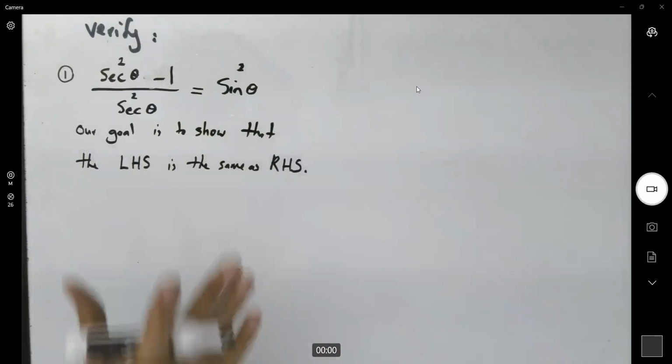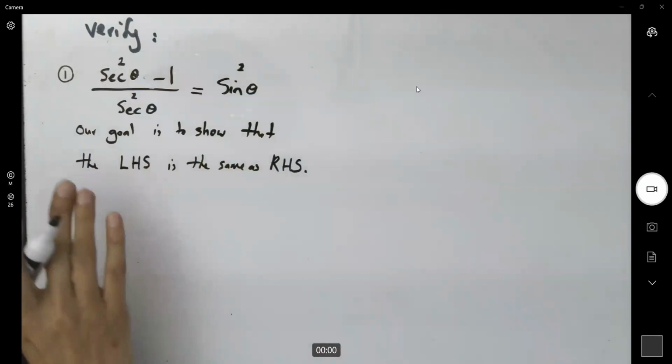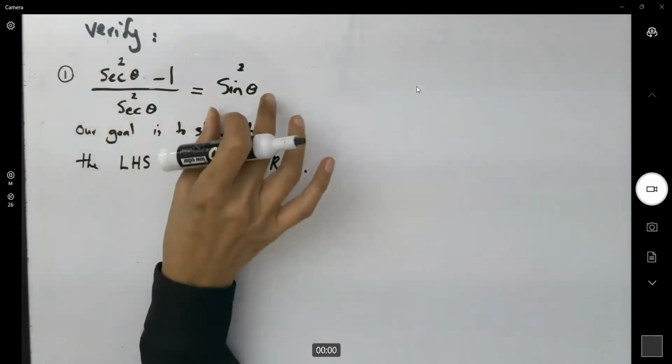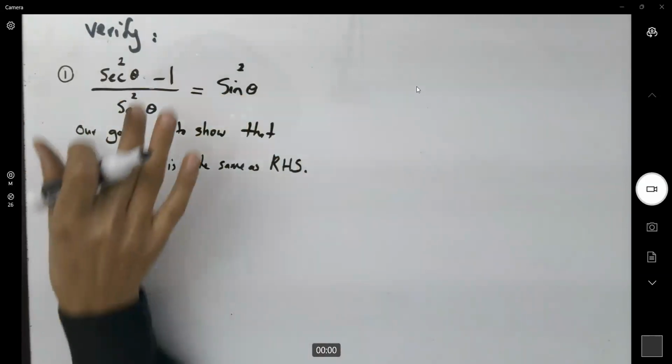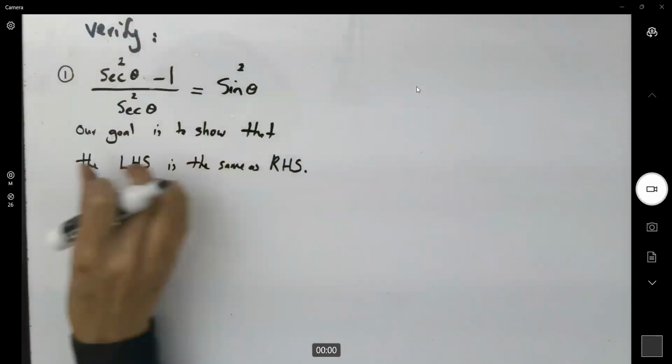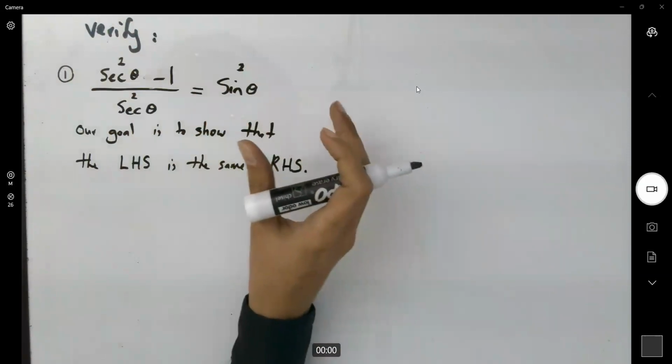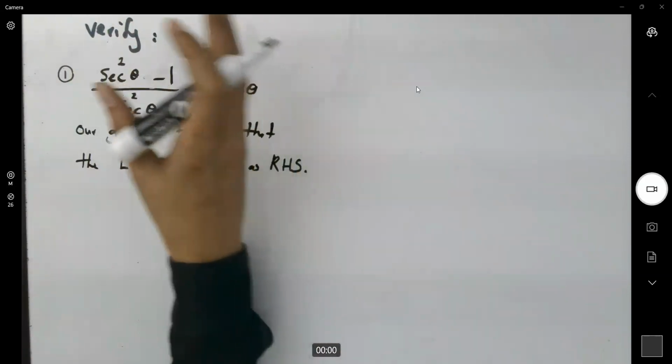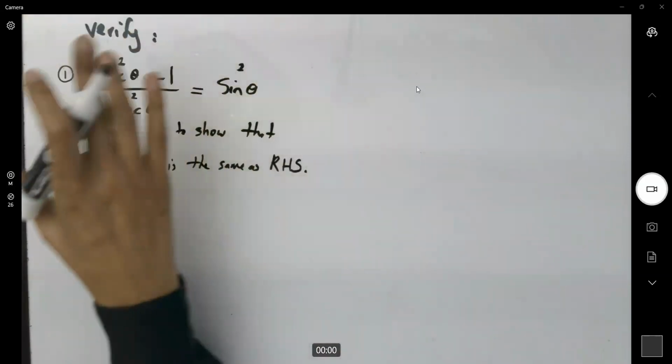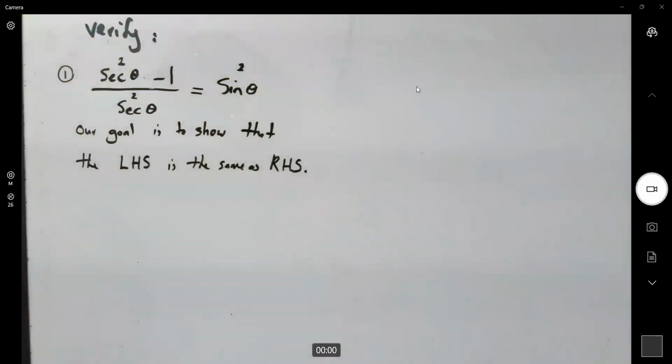So when the question says, verify left-hand side is the same as right-hand side, you can either start by taking the left-hand side and reaching the right-hand side, or you can start by taking the right-hand side and showing that it is equal to the left-hand side.